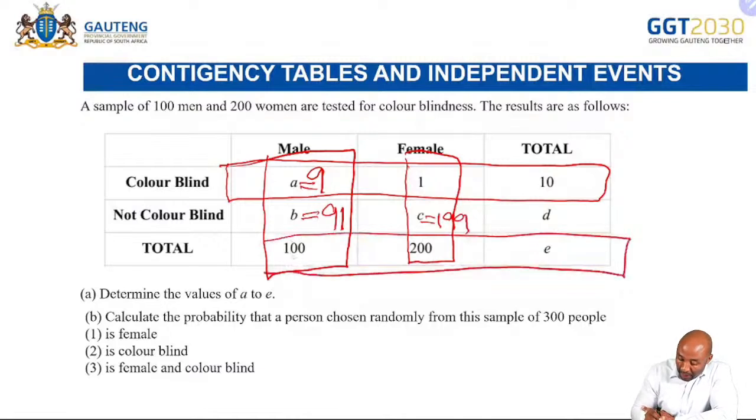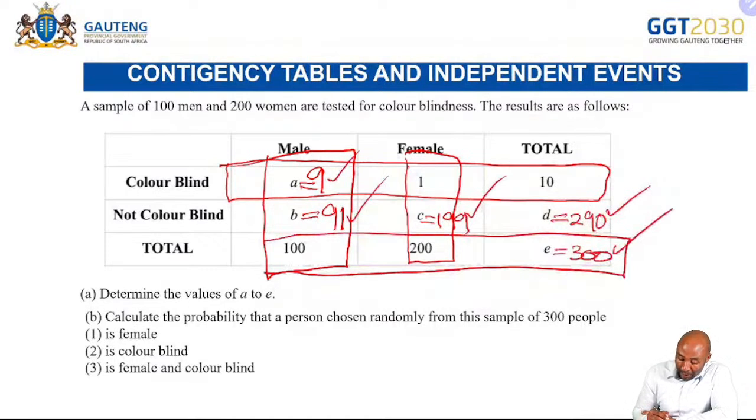It becomes 100 plus 200. This will give us 300, which is our sample space. To get the value of D, it becomes 300 minus 10, and that should give us 290. So we'll get 1, 2, 3, 4, 5 marks for getting those.